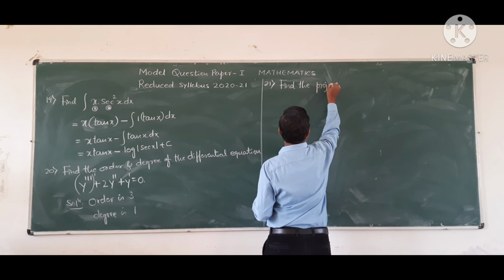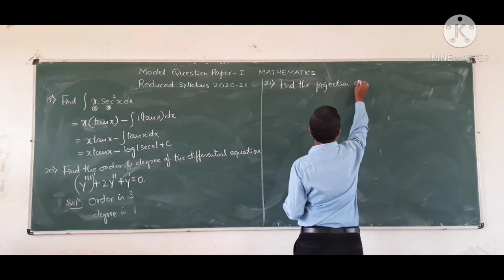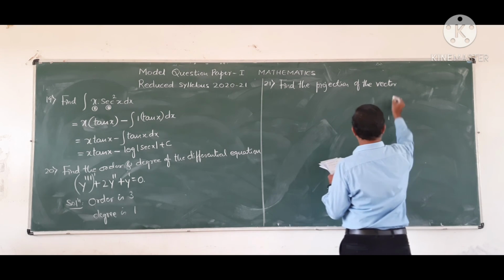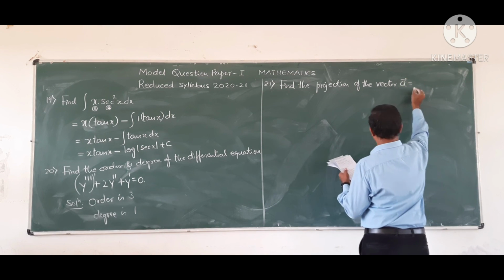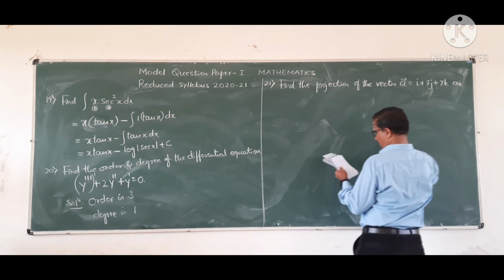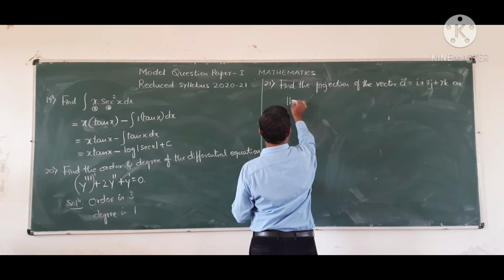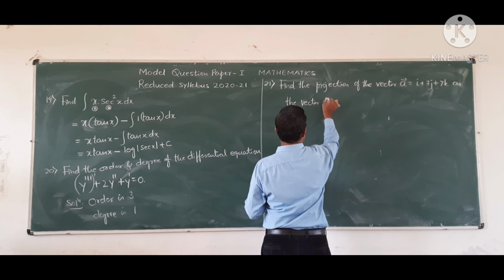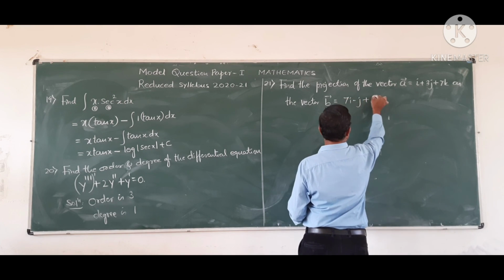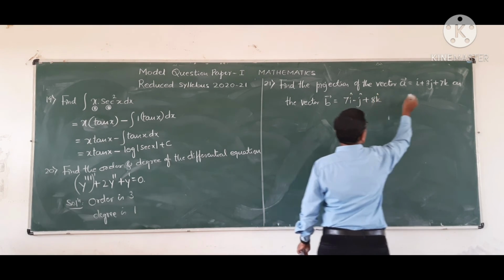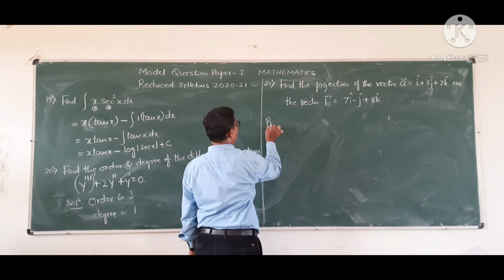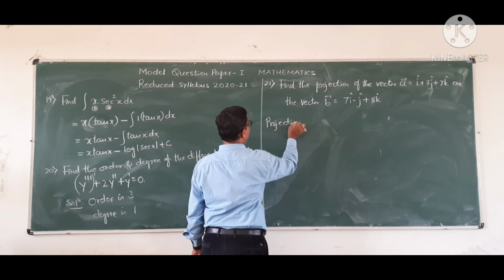Find the projection of the vector A equal to i plus 3j plus 7k on the vector B equal to 7i minus j plus 8k. So I think you know the formula. Projection of vector A on vector B. Do you remember that formula?